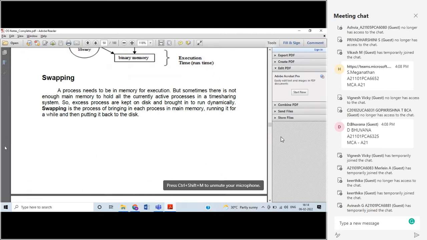Okay. So a process should be loaded into the main memory for the execution. If suppose the size of the main memory is very small, how to execute the process in the main memory? Okay, this is the concept.